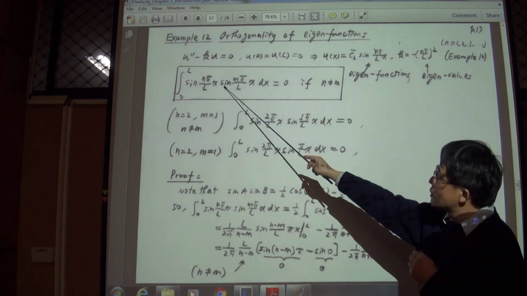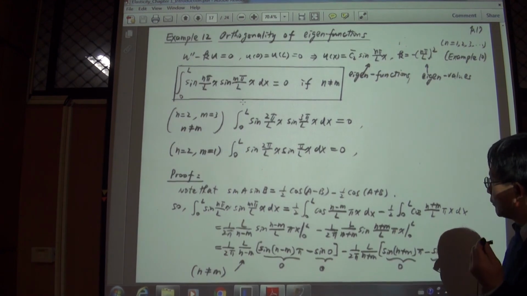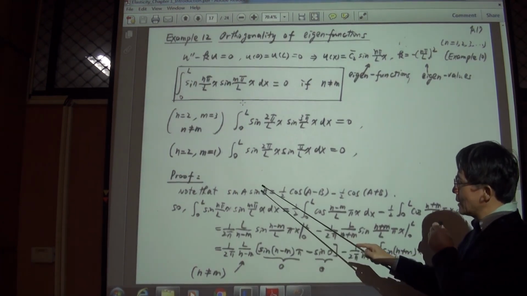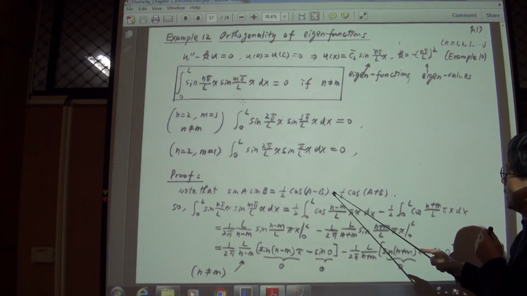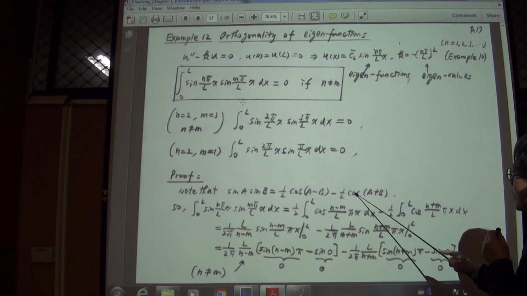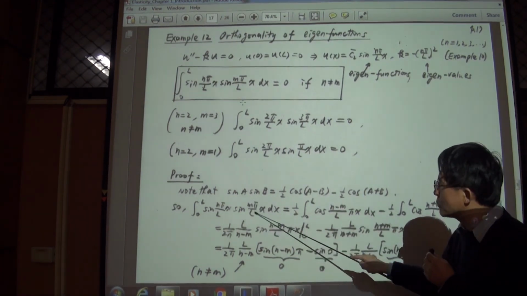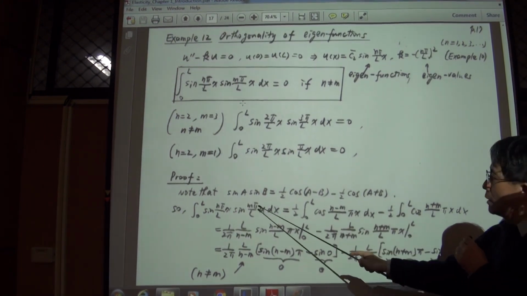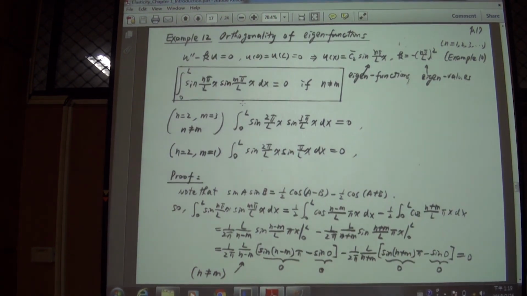In order to evaluate this integral, we should use one formula: sine A times sine B equals 1/2 cosine (A minus B) minus 1/2 cosine (A plus B). So we can turn this one into this one and this one, turning the sine into cosines.